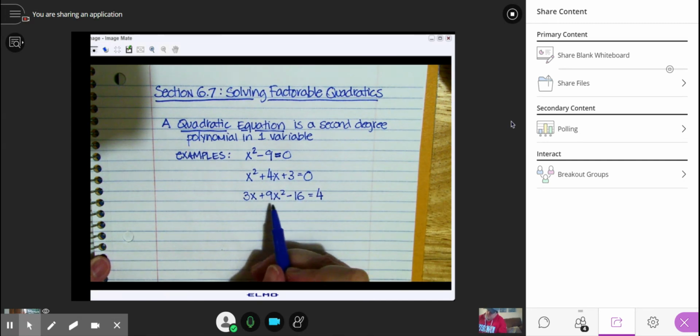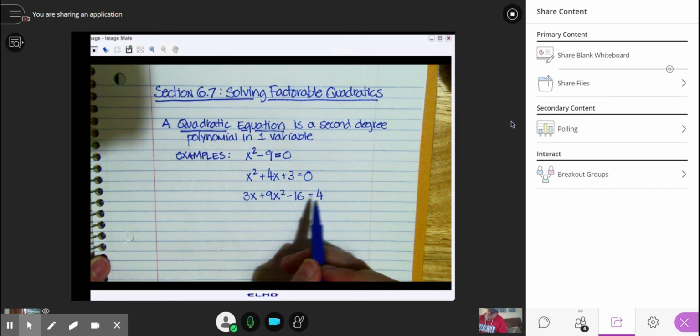This is also a quadratic equation. It is degree 2. There is only one letter or variable being used, and it is set equal to something else.